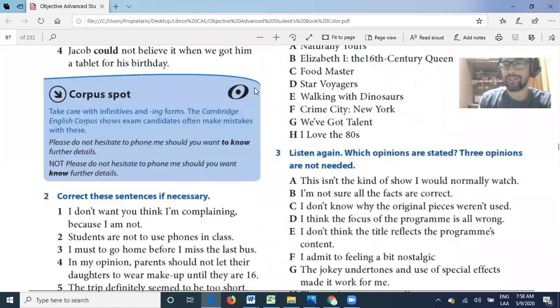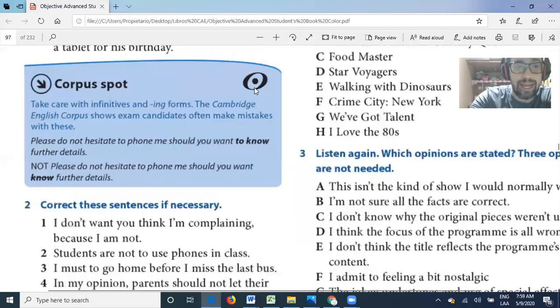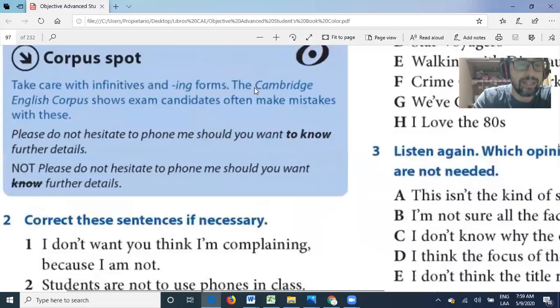And something that I'd really like to read to you is the corpus spot, where it says take care with infinitives and ing forms. The Cambridge English Corpus shows exam candidates often make mistakes with this. So please do not hesitate to phone me should you want to know further details.